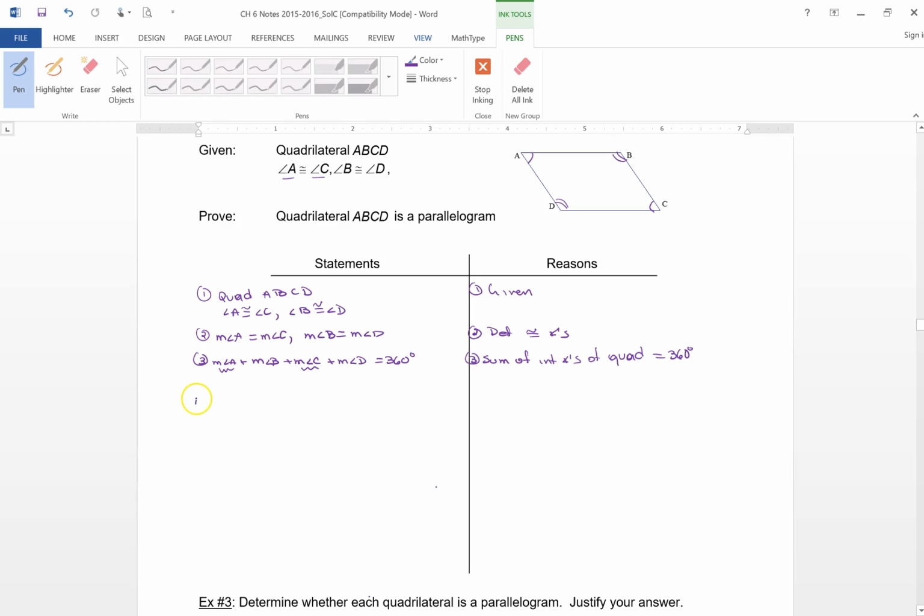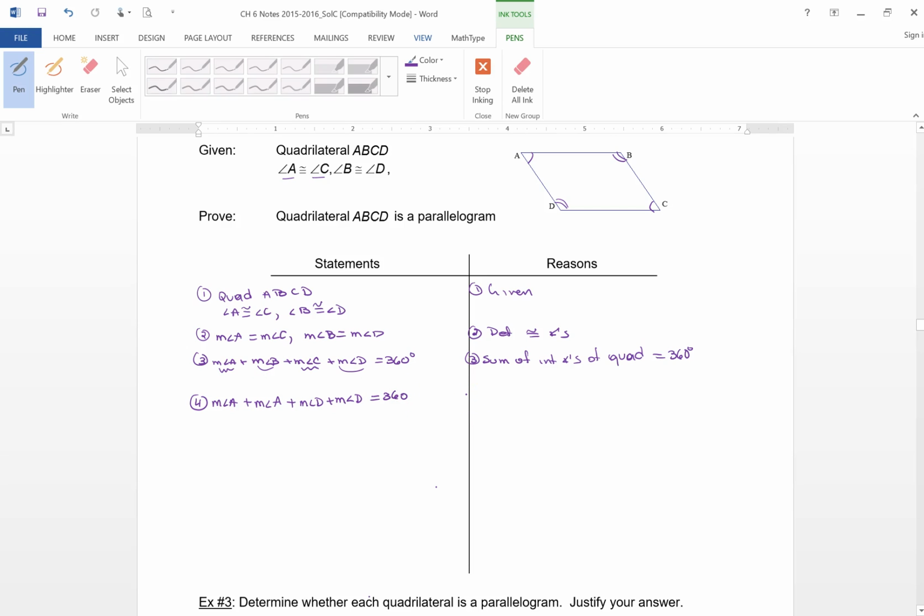So what I'm going to say is measure of angle A plus, this is measure of angle C, but I'm going to substitute for measure of angle A, plus, I also know that B and D are congruent, so I'm going to substitute measure of angle D for this, plus measure of angle D equals 360.